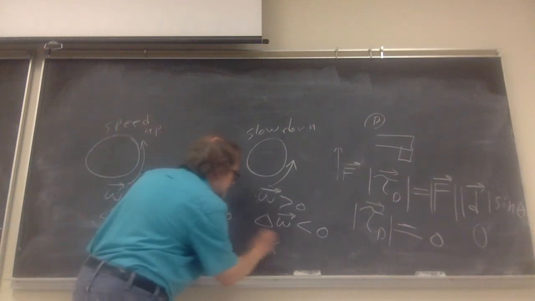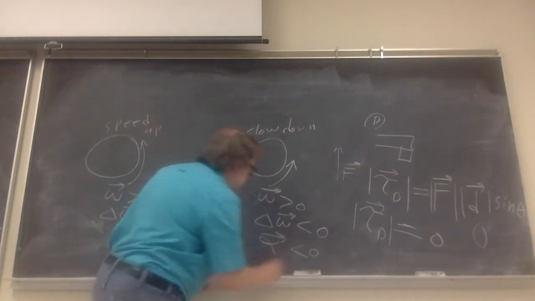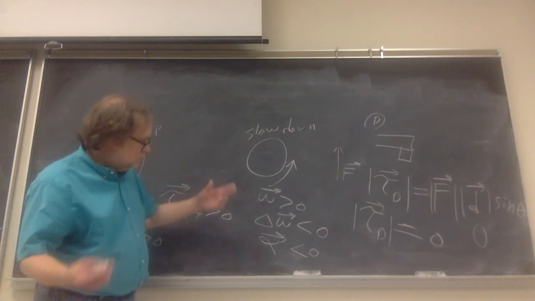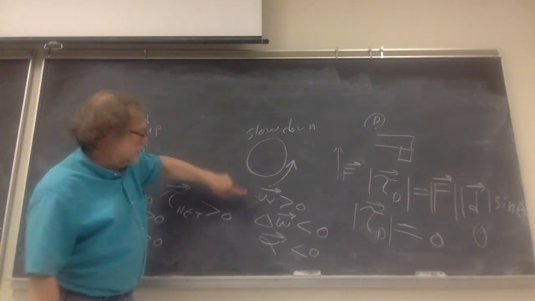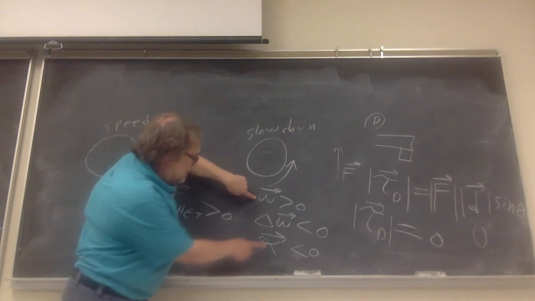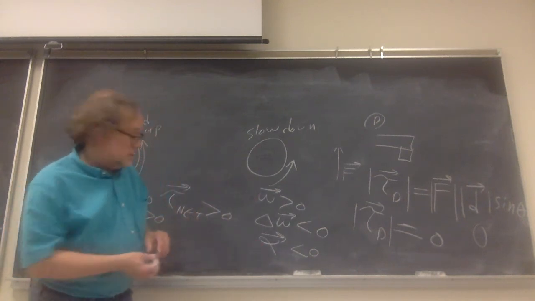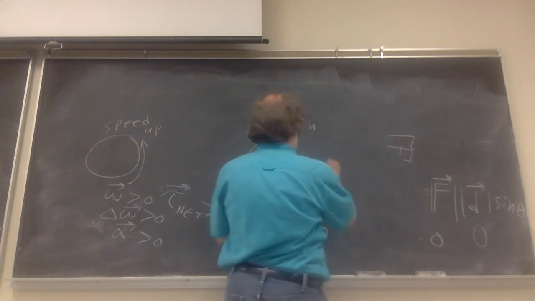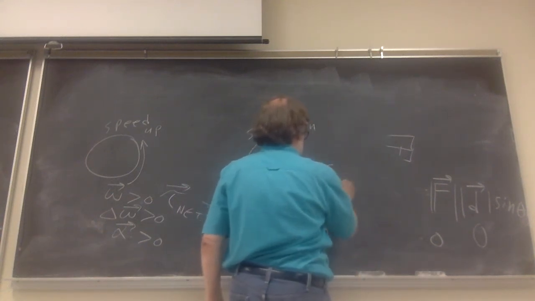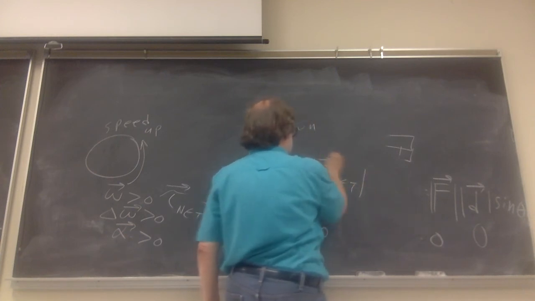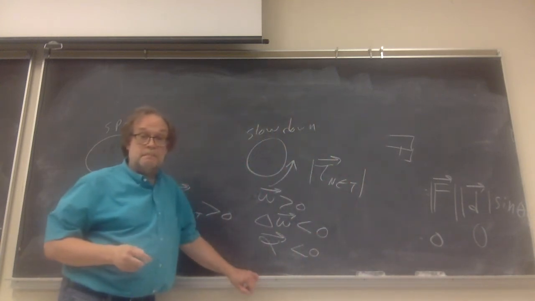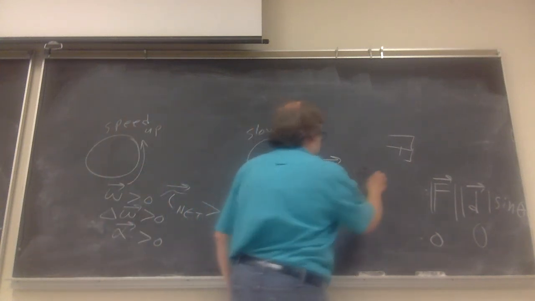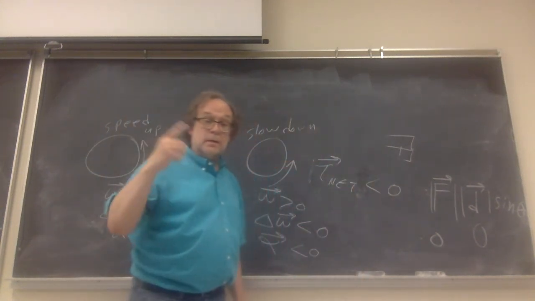So angular acceleration is negative because it points in the same direction as the velocity added on, or since you're slowing down, you know velocity and acceleration must be opposite. So the net torque that caused that acceleration must be negative.